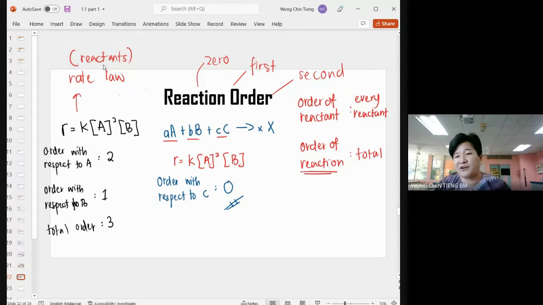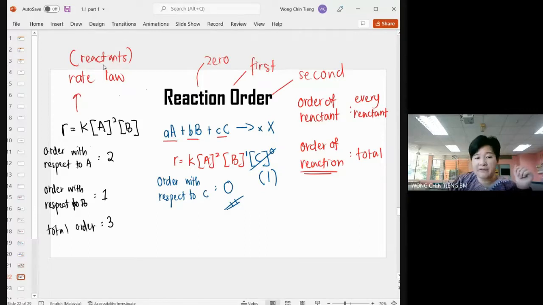Setakat baca reaction order tu hang boleh buat. Yang ni je lah yang akan kamu suka tinggal. Alright, yang kamu tak perasan. Dia tak tulis bukan sebab dia tak wujud. Dia tak tulis sebab yang ni adalah kuasa 1, to the power 1, first order. Yang ni adalah kuasa kosong. Dan kita tahu apa-apa yang kuasa kosong akan bersamaan dengan 1. Betul? Sebab tu kita boleh tinggal.